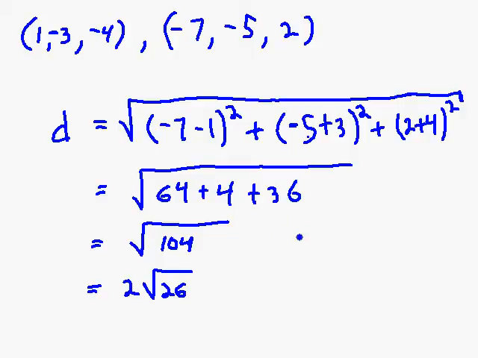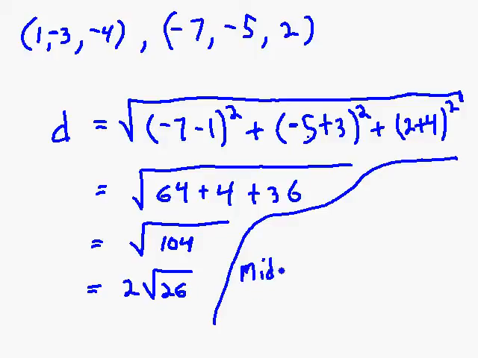So if we do that, the midpoint is going to equal, and I'll just average all the coordinates together. We're going to have -6 over 2.